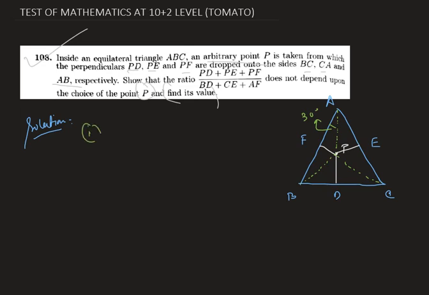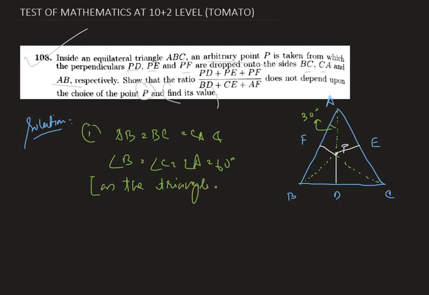तो सबसे पहले हम लिख लेते हैं कि जैसे कि हमें बोला गया है कि AB is equal to BC equal to CA and angle B is equal to angle C equal to angle A, which is 60 degree, as the triangle is an equilateral triangle.